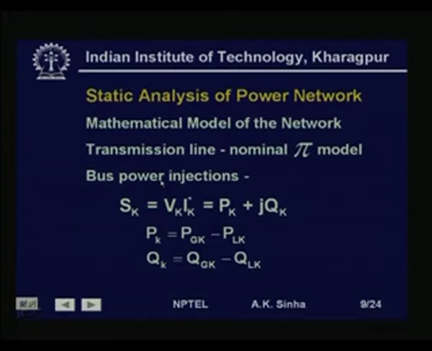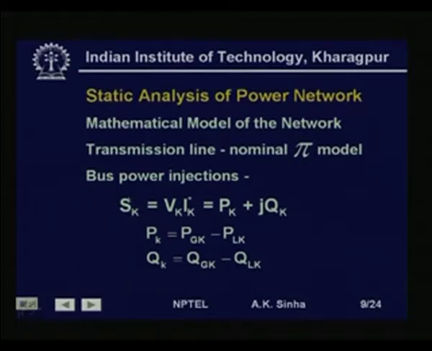Now, we consider bus power injections rather than generation and loads separately. So, as we saw just now, we find out the injections at each bus bar, which we had seen is equal to the generation minus load at that bus bar. So, we can write the injection at any bus k as Sk.